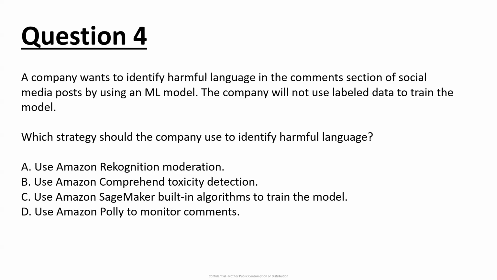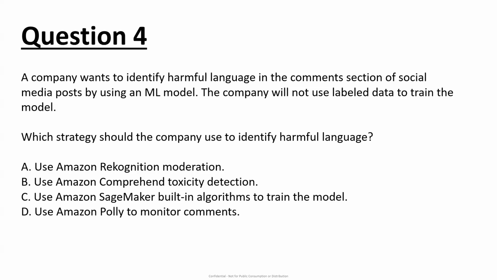So here, specifically to identify harmful language, Comprehend toxicity detection is a specific feature that AWS has, which is built for removing the harmful content. Rather than in Rekognition, where we need to guide Rekognition to identify the content.